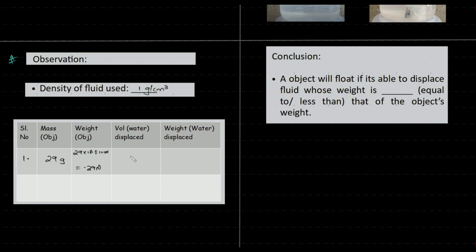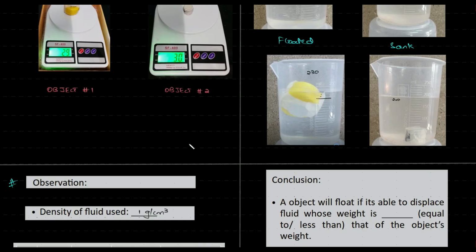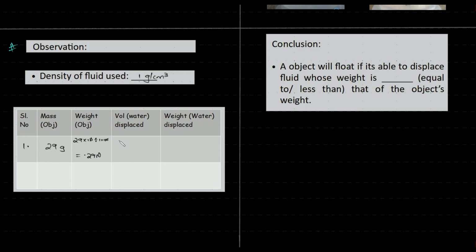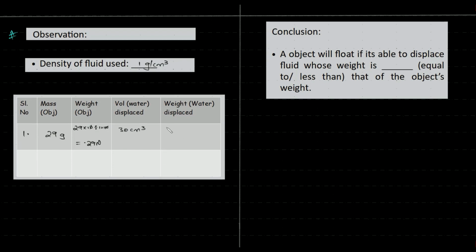The volume of the water displaced in the first one is 200 to 230, that is 30 centimeter cube. The weight would be 30 into the density of water, that is 1, in terms of kg divided by 1000, into 10. So this is approximately 0.3 Newton, right?